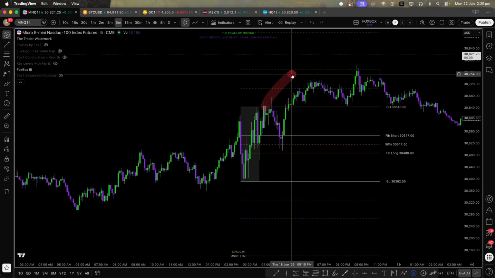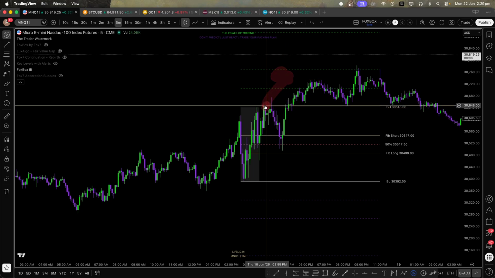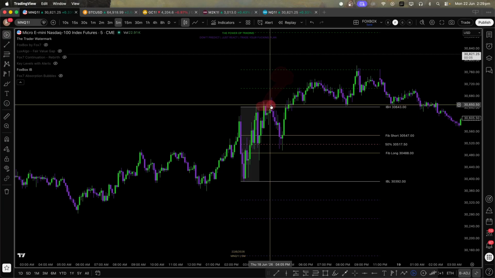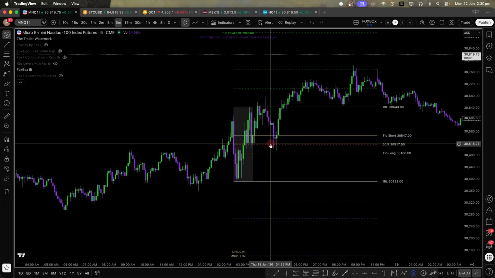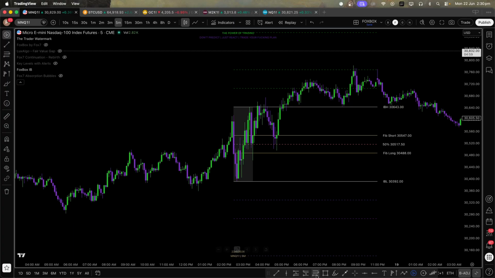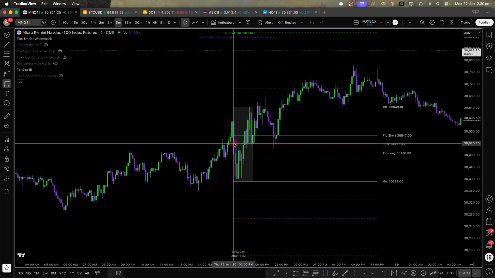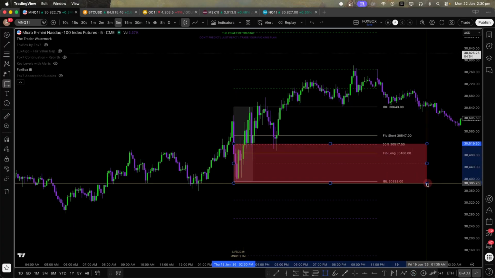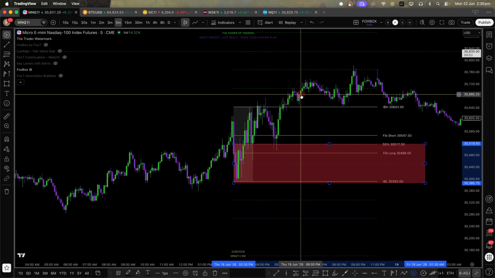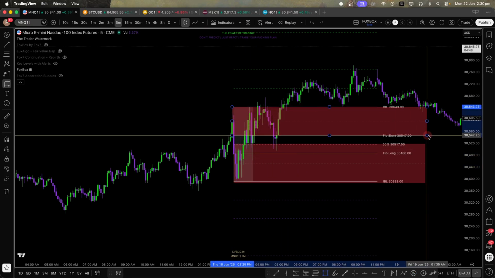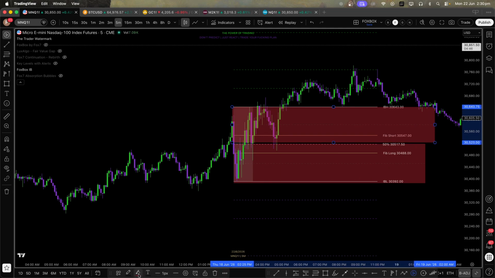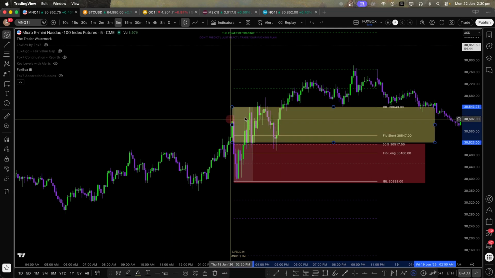So if we break above, as we kind of tried to do here, we slightly came over it, only by a little bit, but then we retested the 50%. The theory is, and this is backed by historical data, that if the buyers break out of the top range, then buyers are pretty much going to defend this upper half of the range.